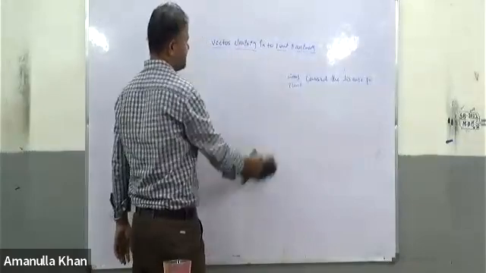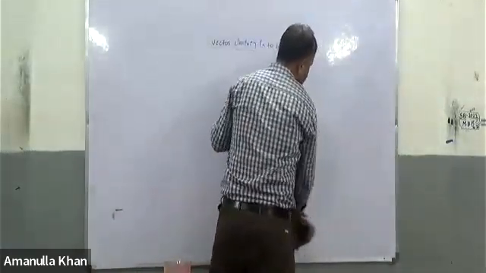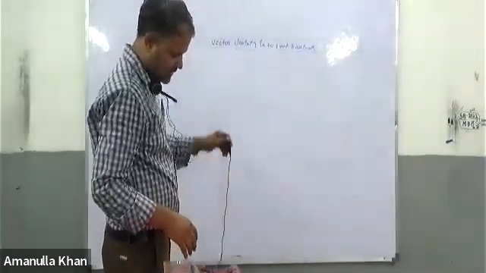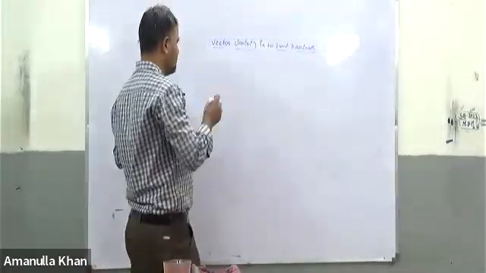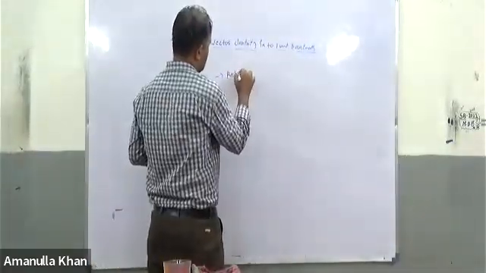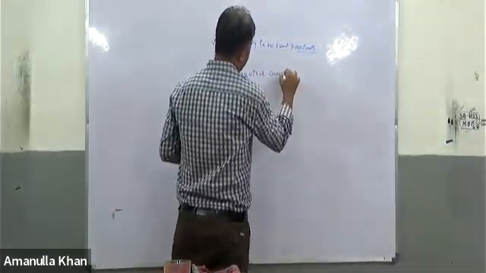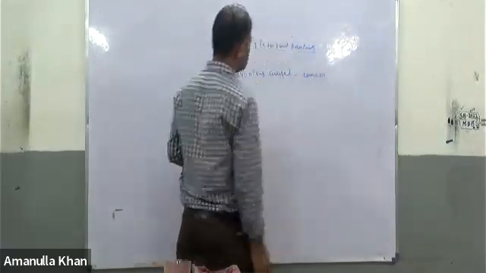In plants, Agrobacterium tumefaciens causes the disease. In animals, retrovirus causes the disease, which is a cancer disease. Retrovirus causes cancer.